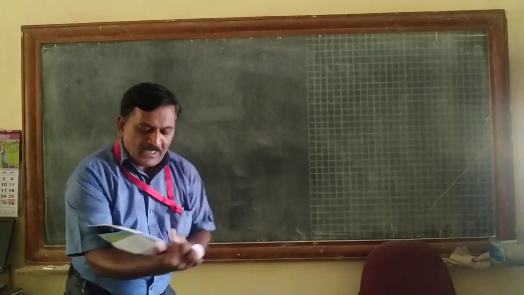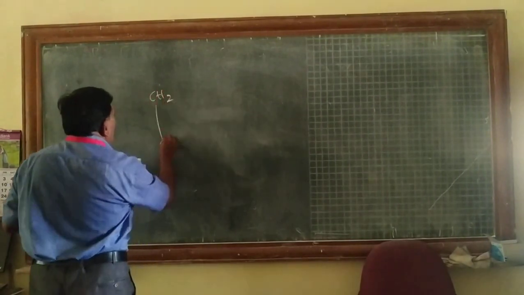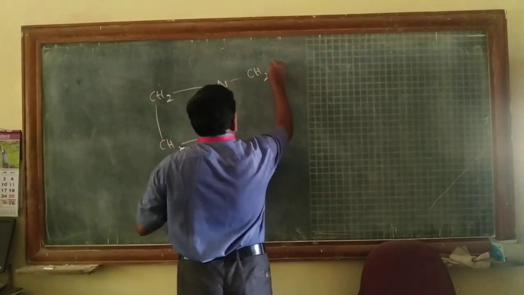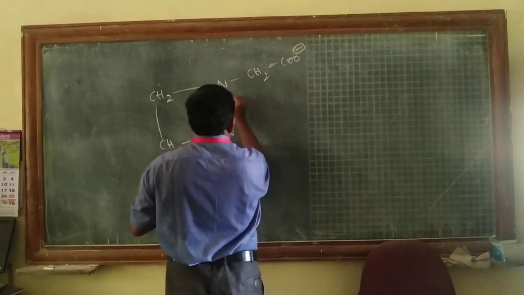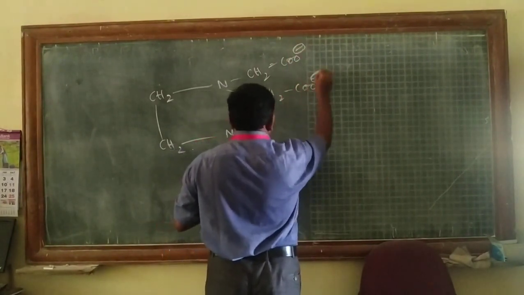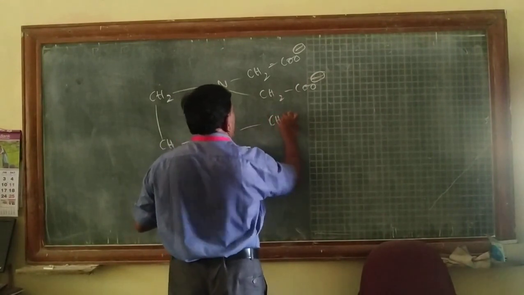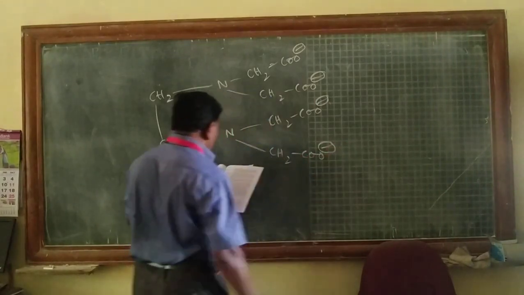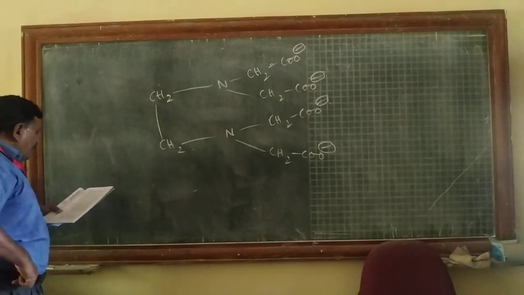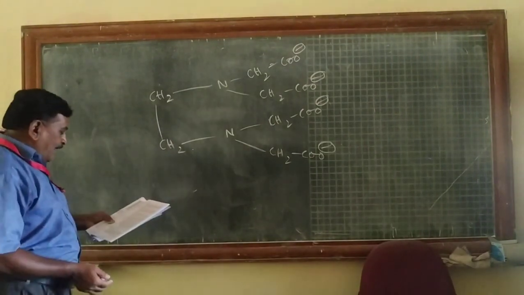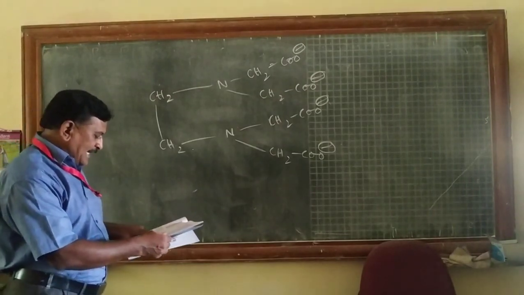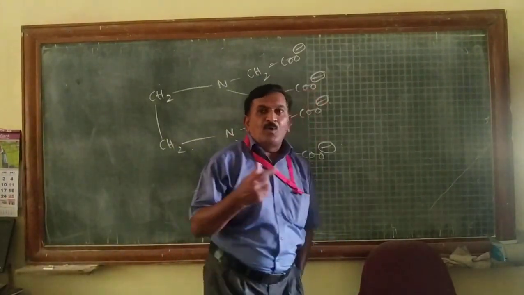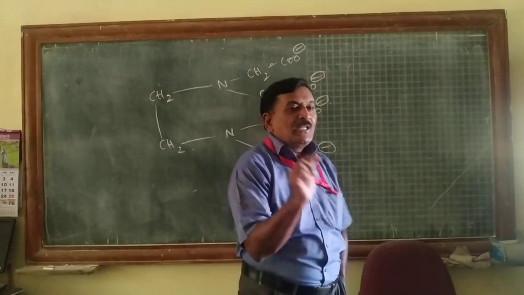That is CH2 single bond CH2, and this is N, and this is N. This is CH2COO minus, and this is CH2COO minus, and this is CH2COO minus, and this is CH2COO minus. This is an example of a polydentate ligand. Polydentate means that more than four or five donor groups are present in the coordination compound.